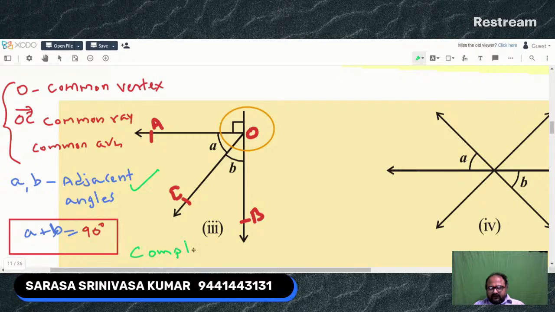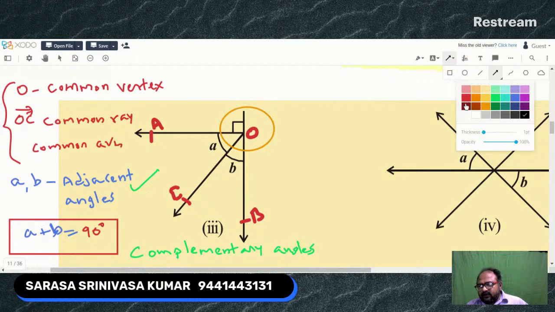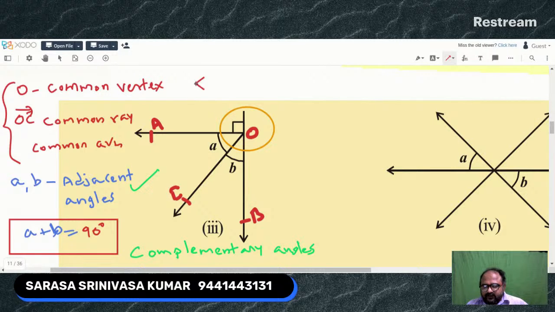Why? Because the sum of the two angles is 90 degrees. These two are complementary angles. So how can you say that the sum of these two angles is equal to 90 degrees? Because it is given here, this part is 90 degrees.